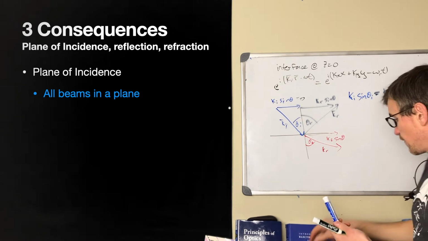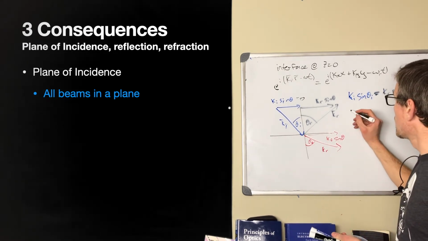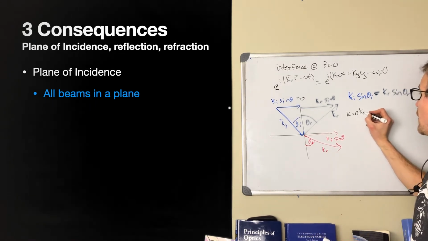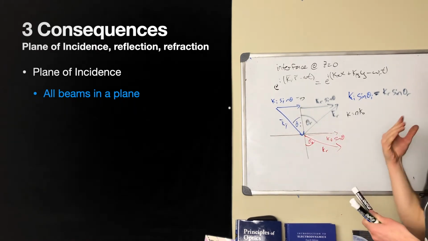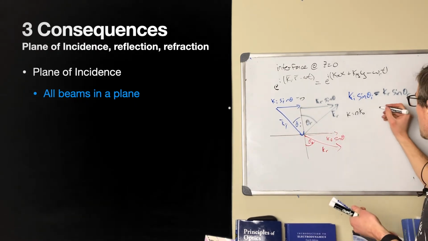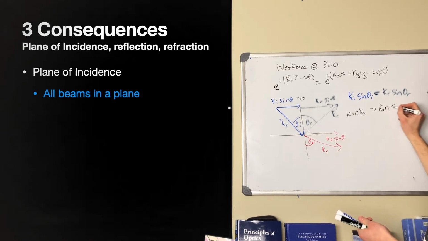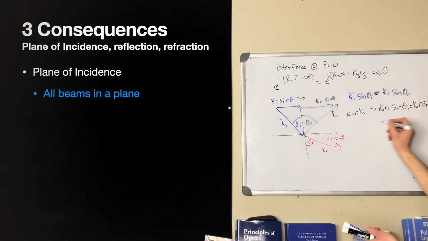And we can use the fact from before that in a medium, k is equal to n times k in a vacuum, and in this reflected case, they both are in the same medium with the same n. This will tell us that k naught times n sine theta incident is equal to k naught times n sine theta reflected.